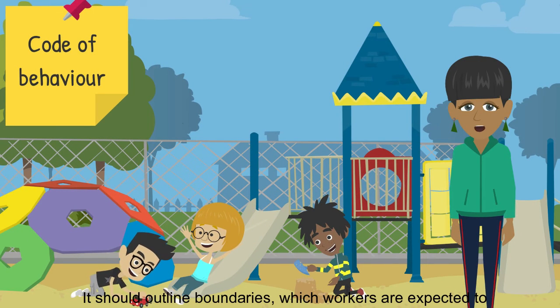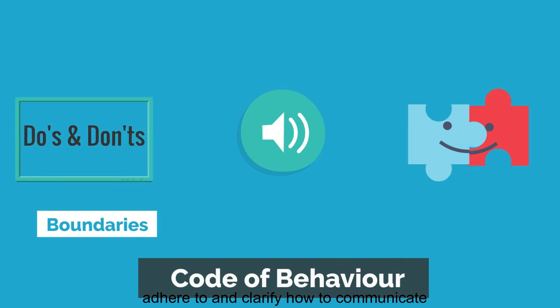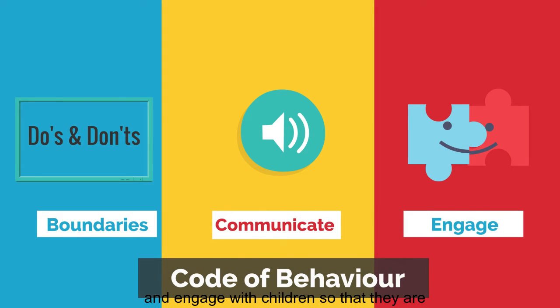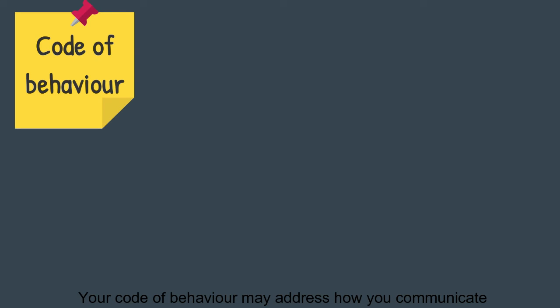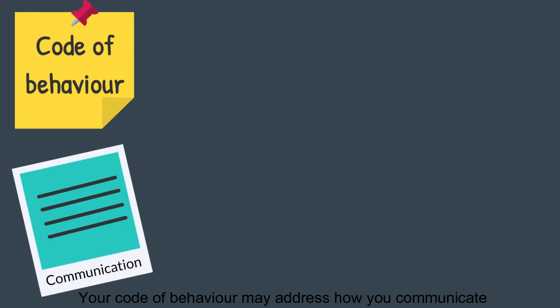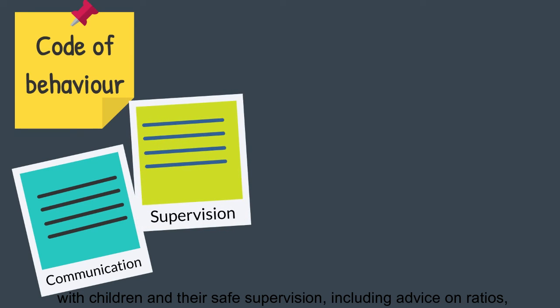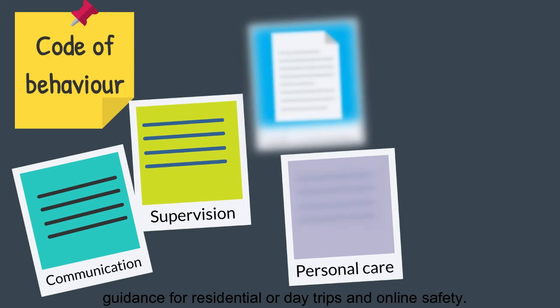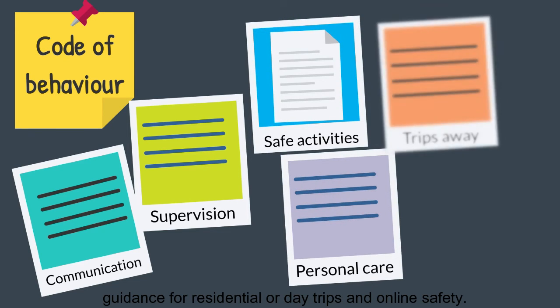It should outline boundaries which workers are expected to adhere to and clarify how to communicate and engage with children so that they are listened to, respected and treated fairly. Your code of behaviour may address how you communicate with children and their safe supervision, including advice on ratios, personal care, safe management of activities, guidance for residential or day trips and online safety.